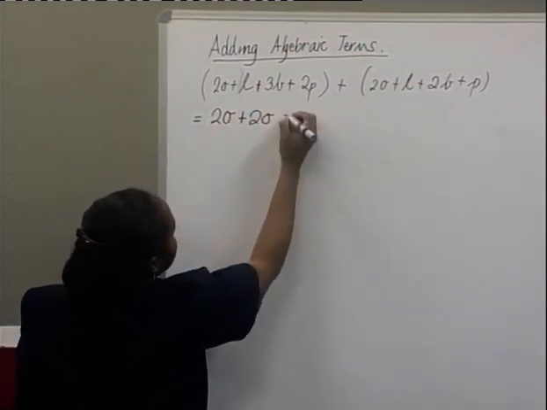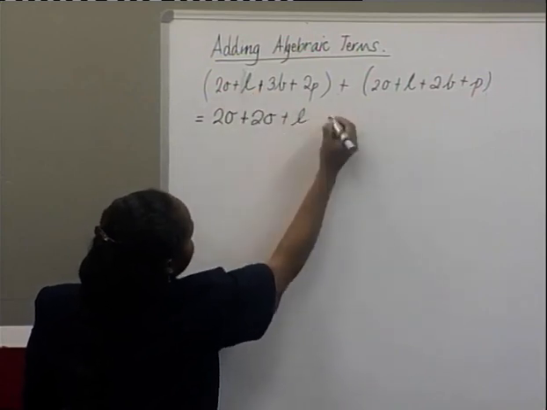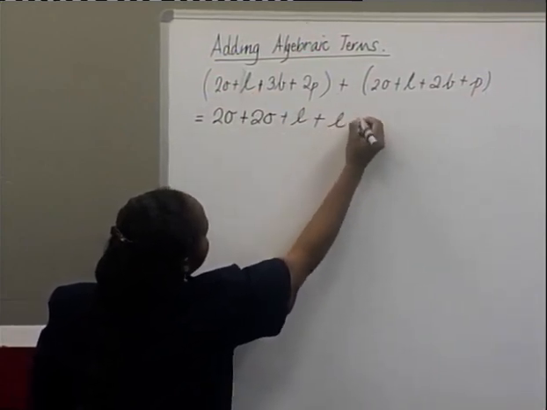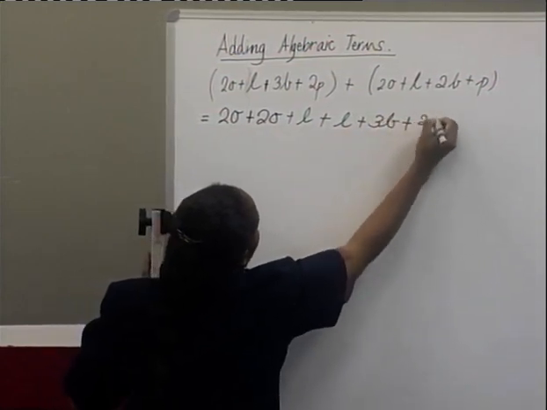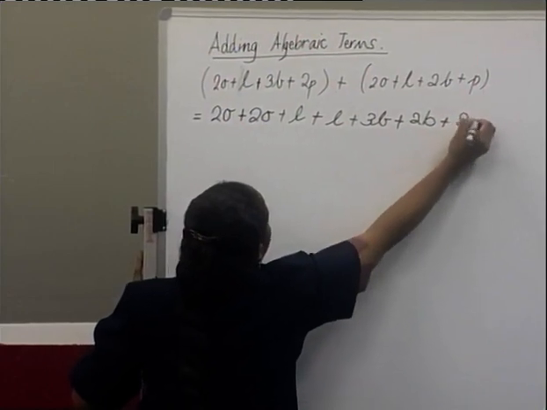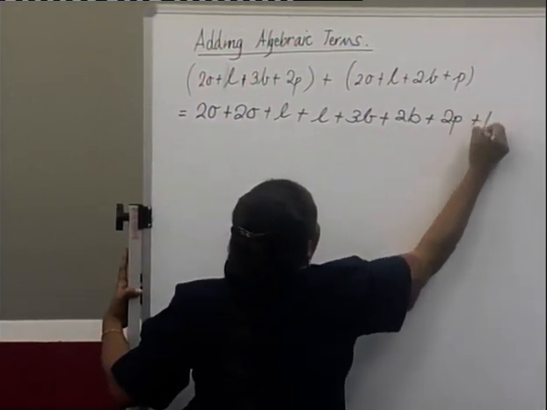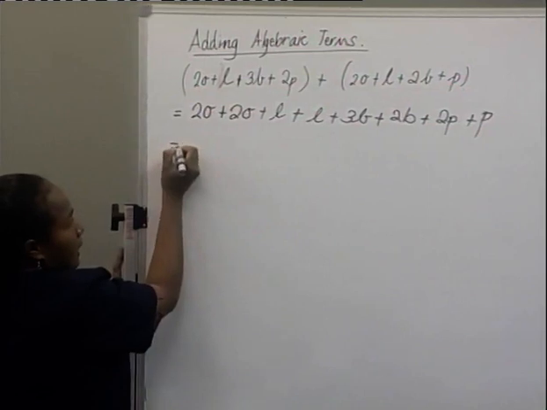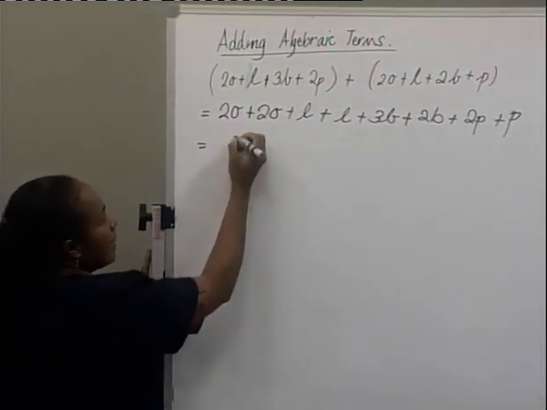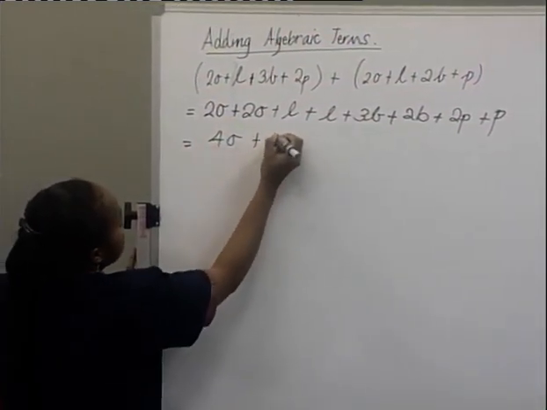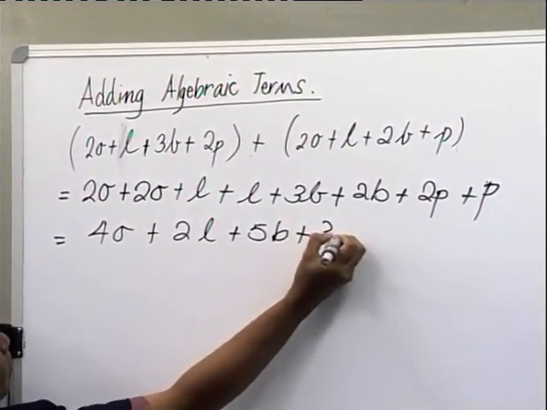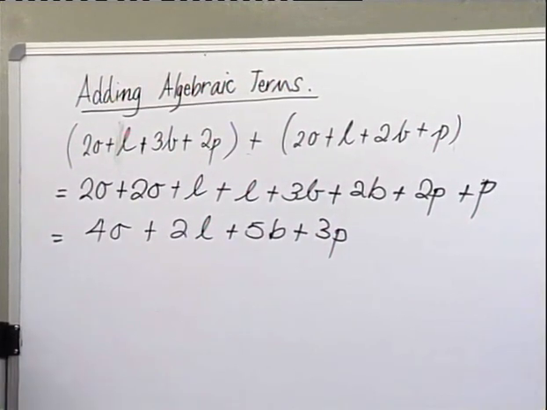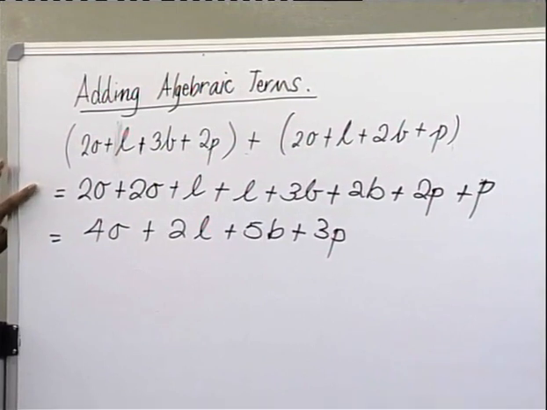I'm collecting the like terms: plus 1 lemon in one group, another lemon in another group, 3 bananas plus 2 bananas, plus 2 peanuts plus 1 peanut. Like Peter has given us the answer, 4 oranges plus 2 lemons plus 5 bananas plus 3 peanuts. That is the simplified answer of this expression, right?